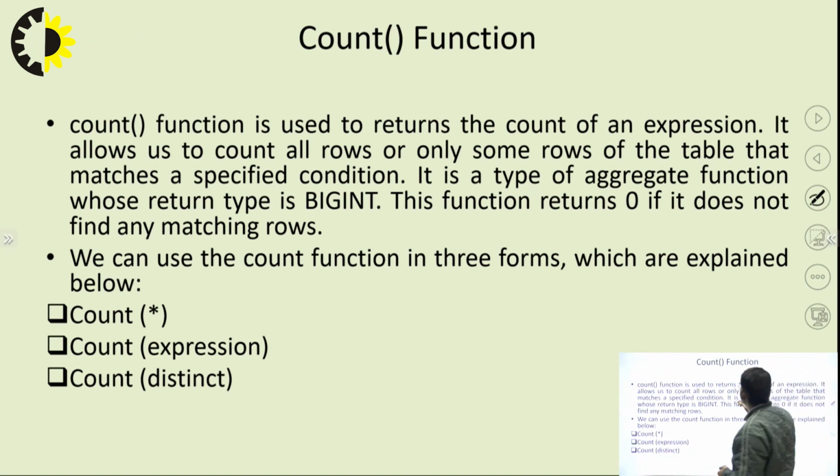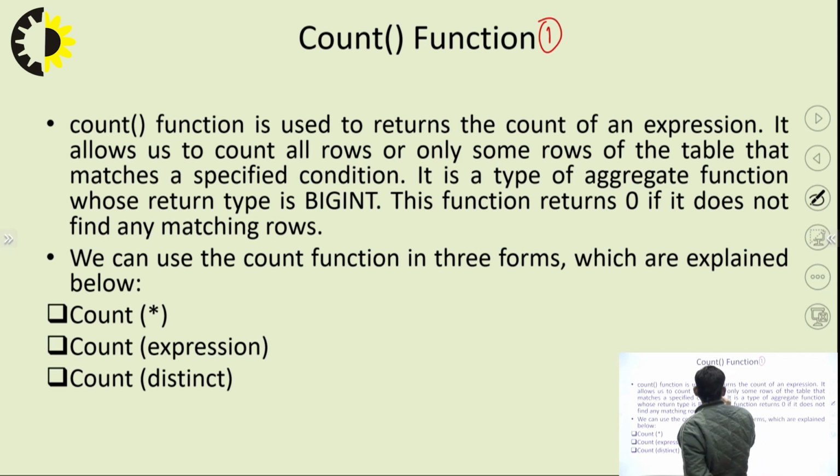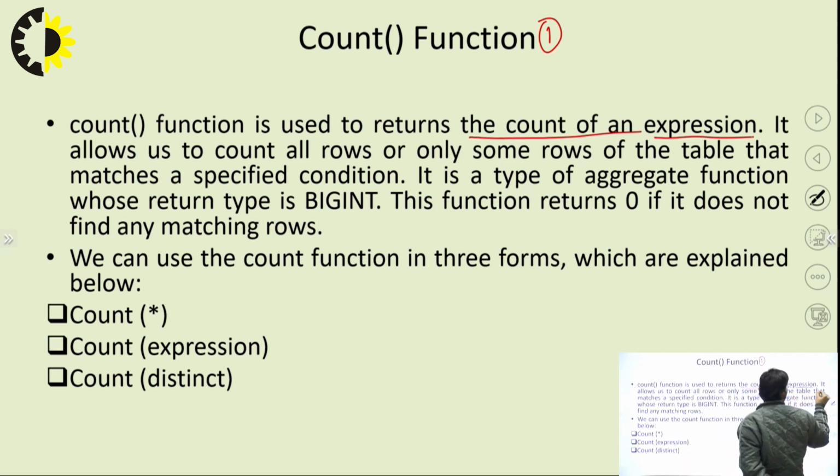First function is the count function. I have already told what the role of count is. The count function is used to return the count of an expression. Whatever expression we are passing, it returns the total counted value of that expression.